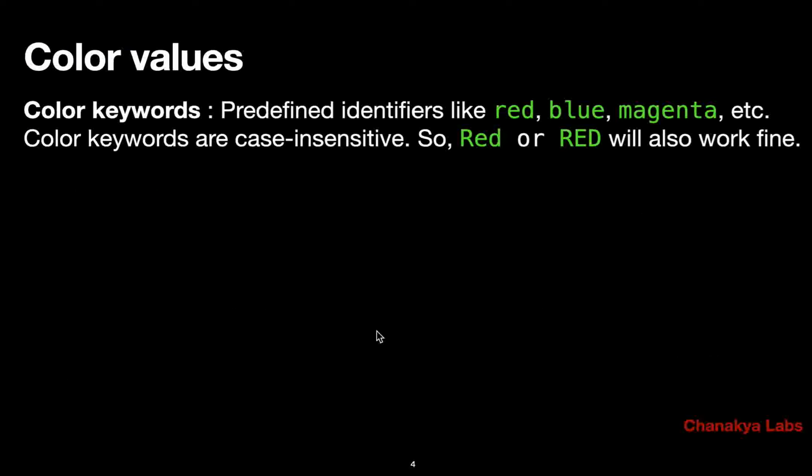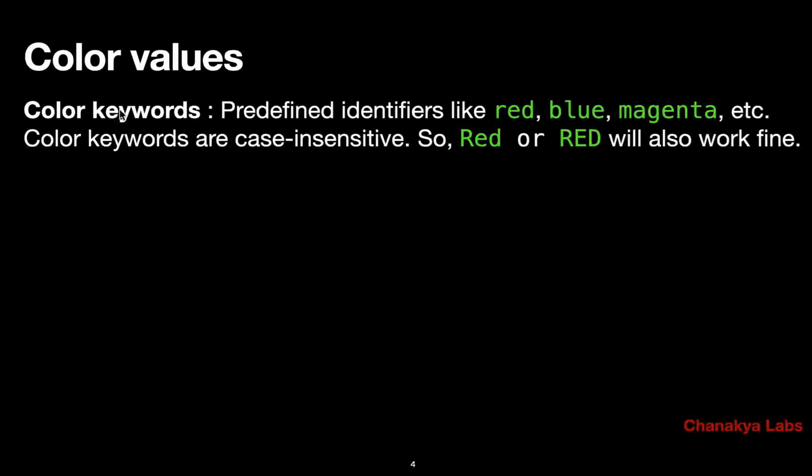Okay, now let's come back to color values. As I was saying earlier, there are many predefined colors, but how do you know what the valid colors are? Let's say I don't want to use a complicated code, I just want to use a friendly name of a particular color, but how do I know which colors are already defined?